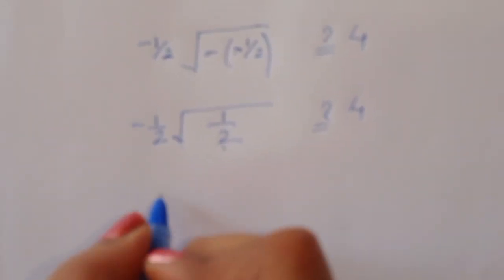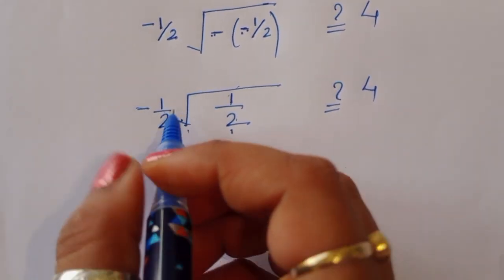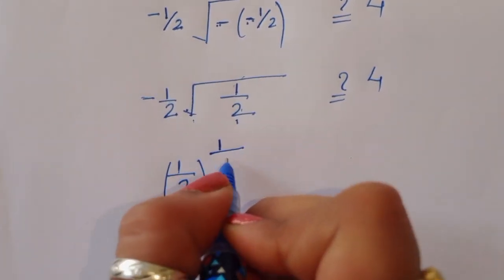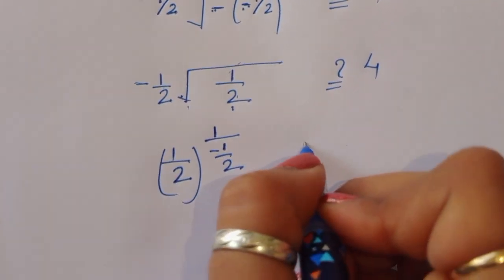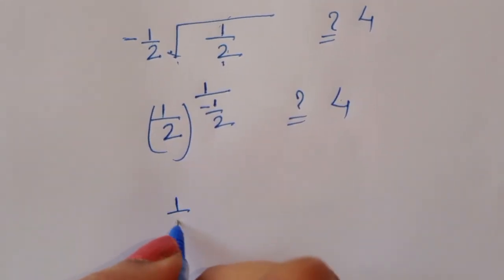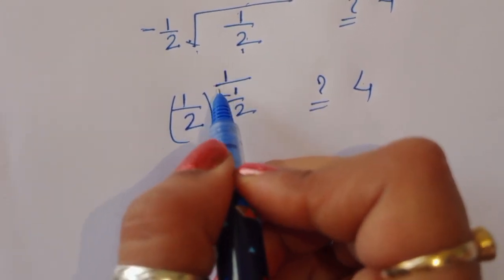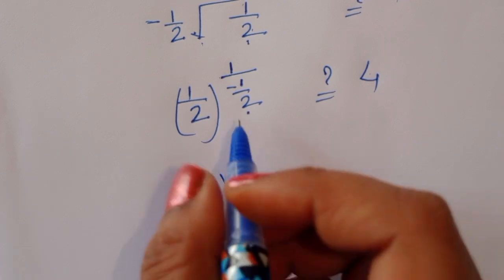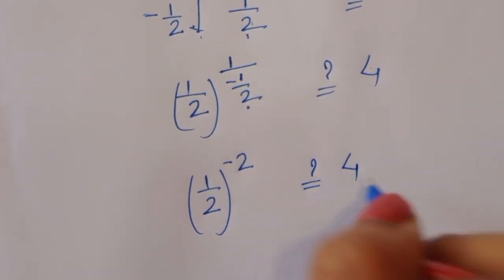So we can write this as 1 upon (-1/2)... Now when we do this step, 1 divided by -1/2, we get 1/2 to the power -2, and this should equal 4.